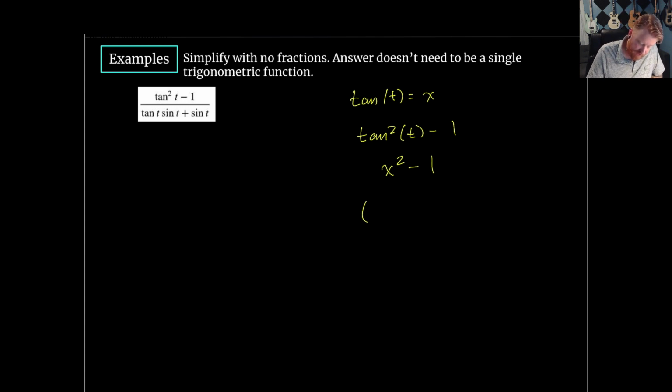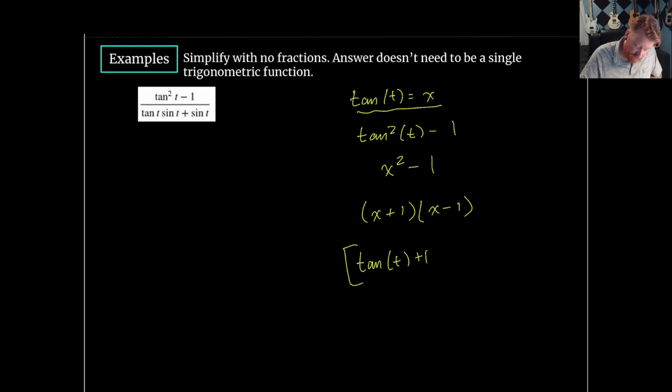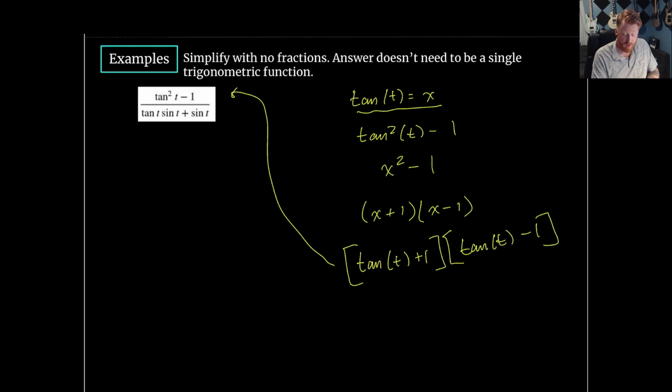I could rewrite that numerator there as, well, how I've rewritten it in terms of x as x plus 1, x minus 1. But since I've defined x to be the tangent of t, how I can write this now is the tangent of t plus 1 times the tangent of t minus 1. And that is how we can rewrite the numerator here. So now I'm thinking about factoring. Is there some factoring that I could do with this here?